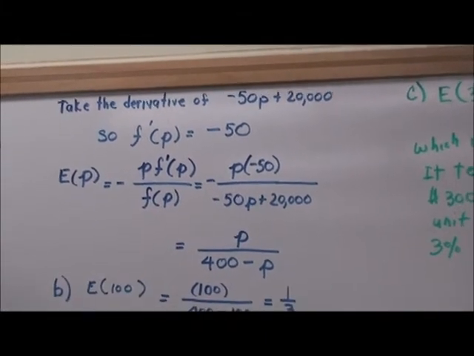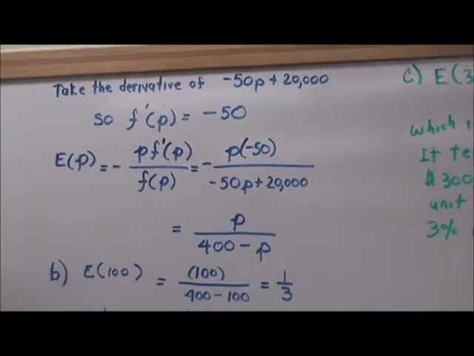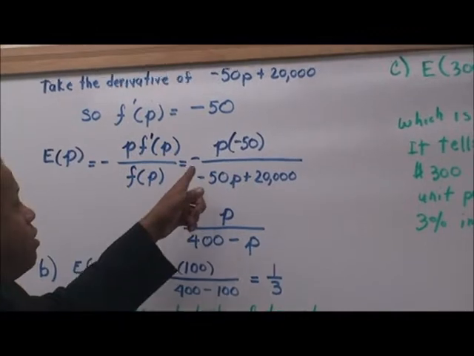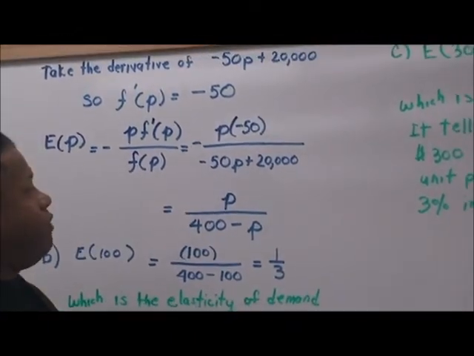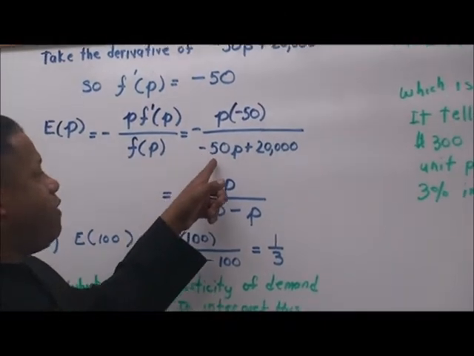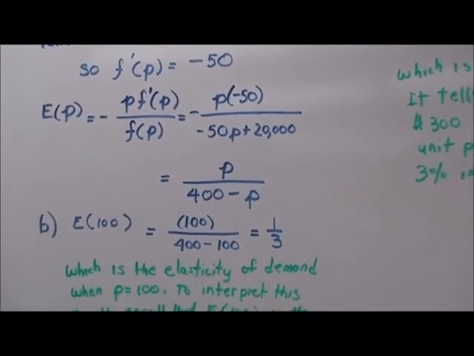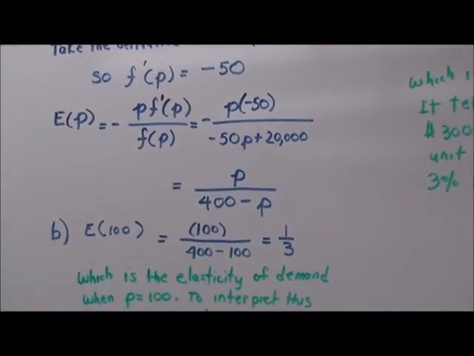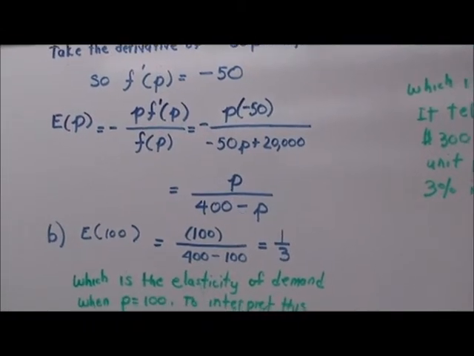So E sub P is equal to negative P times f prime of P divided by f of P, which is negative P times negative 50 divided by negative 50P plus 20,000. And we have to plug in 100 because we're dealing with B. So now we want to compute E sub 100 and interpret the result.